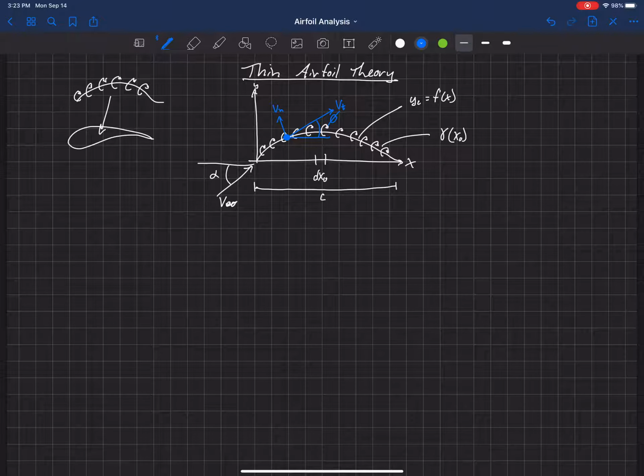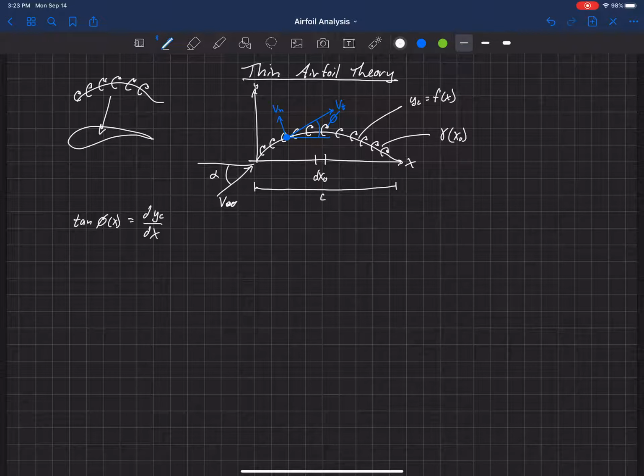Okay, so let's write down a few things that we can now understand from this development of using this sheet of vorticity along the camber line. So the first thing would be that the tangent of phi at any location x is equal to the change in the camber line with respect to x.